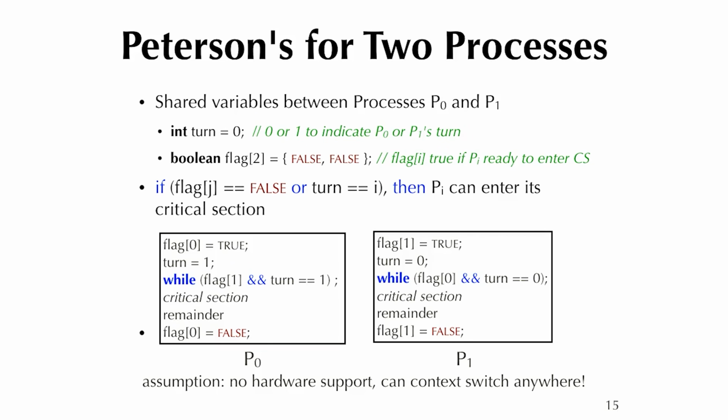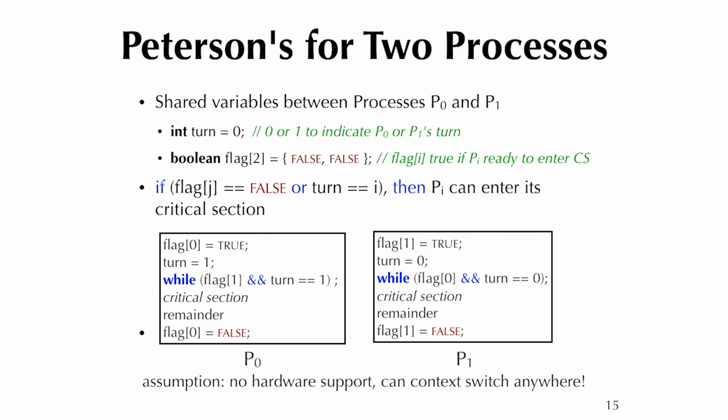But turn just says, well, I want to be nice, so here, even though I'm requesting, I still let you, the other guy, proceed. So the while loop tests both flag sub 1 and turn equal to 1.